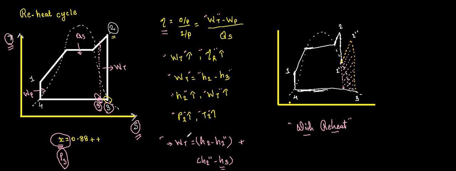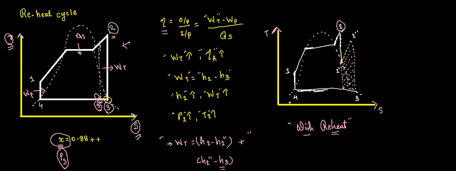This work done by the turbine can be improved by the reheat cycle, and this diagram represents the TS diagram of the reheat cycle. Now what will happen in this diagram? The process 1 to 2 takes place in the same manner as in the case of the Rankine cycle. So there is no change in the boiler process, but there is a change in the turbine process.